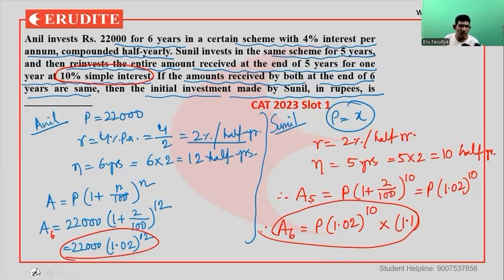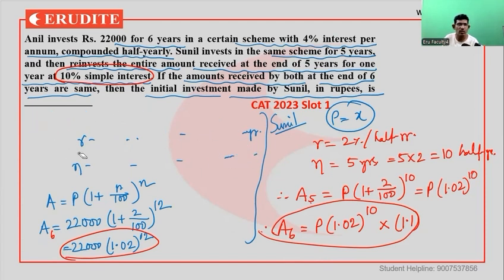So if I equalize it, I shall get the value of P. So if I erase the previous calculations for the remaining calculation, so what can I say here?